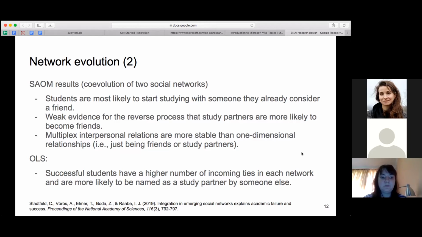And second, they did just a simple OLS model, and they correlated the academic performance of students with other variables, and found that successful students have a high number of incoming ties in each network and are more likely to be named as a study partner by someone else.